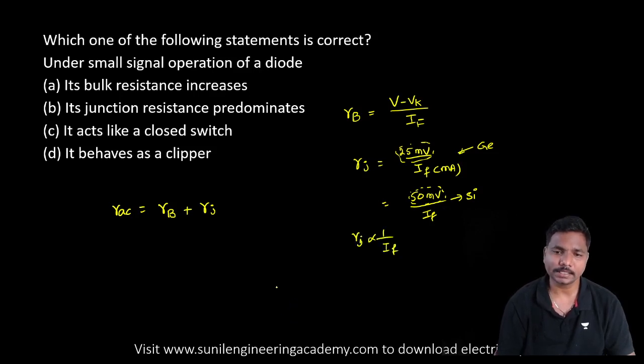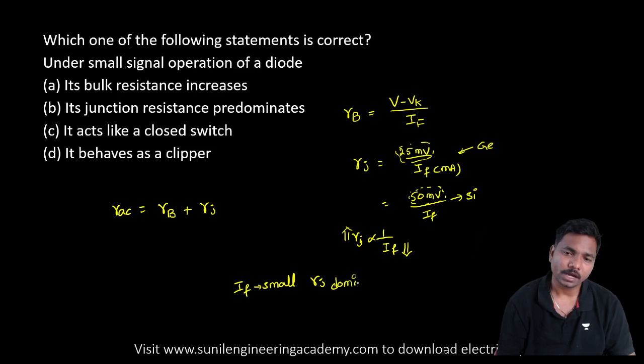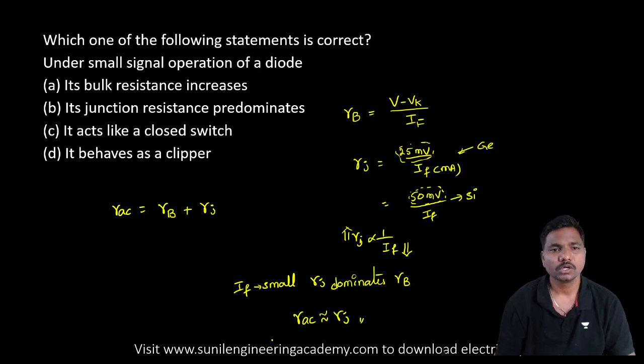For small signal operation, IF is small, which means RJ is more. So RJ dominates bulk resistance. Then RAC is approximately equal to RJ only. So junction resistance predominates for small signal operation.